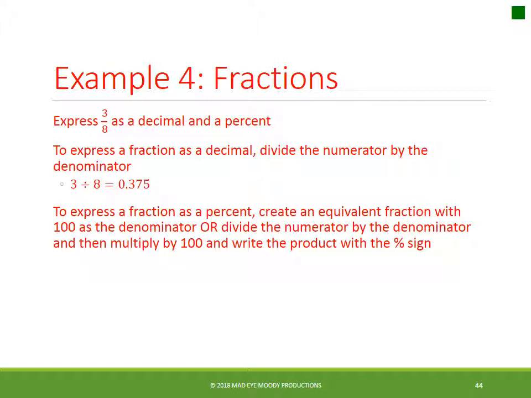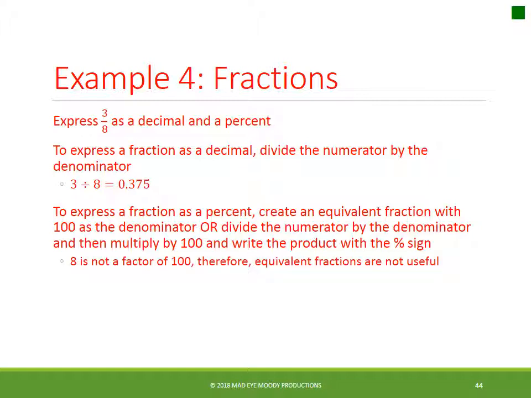If your denominator in your original fraction is not a factor or a multiple of 100, then you're going to want to divide the numerator by the denominator, which turns your fraction into a decimal, and then turn that decimal into a percent, which is multiplying by 100 and then writing the product with the percent sign.